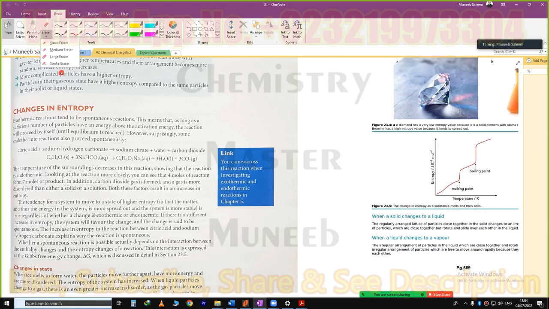Is there any way if you can switch on your camera and put the direction on your notebook so I can see you working? If I do that, then I won't be able to see the screen. Okay. Anyways, I'm done now. That's all I have to write.